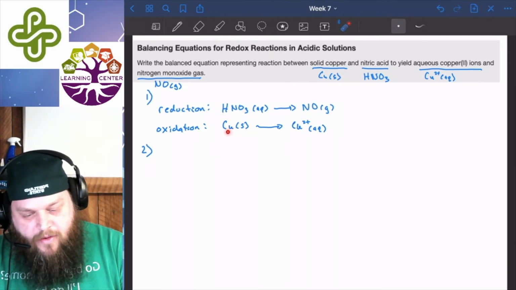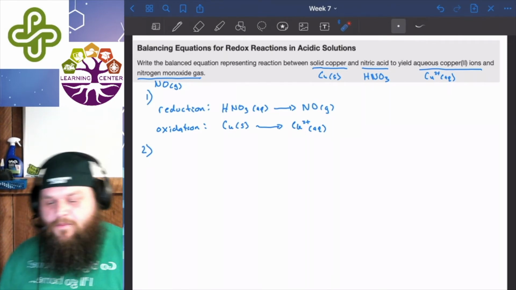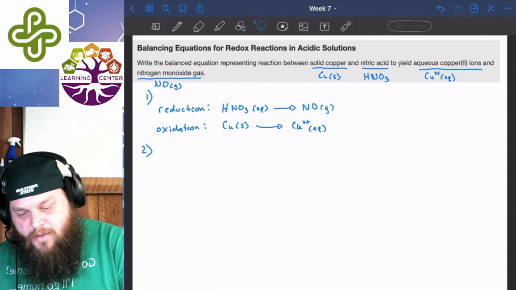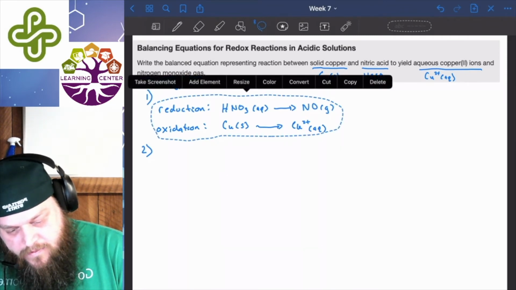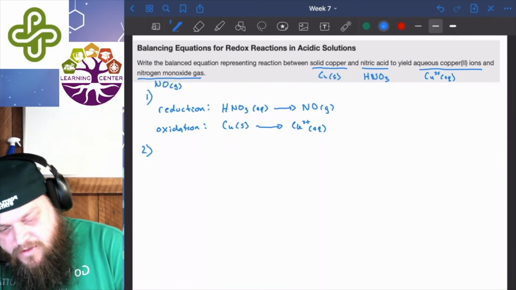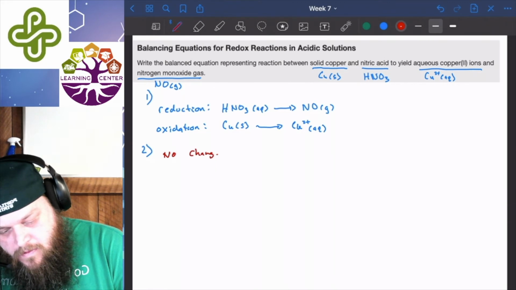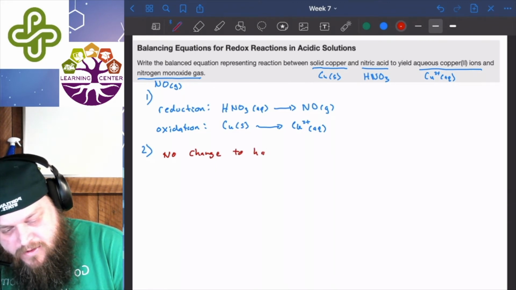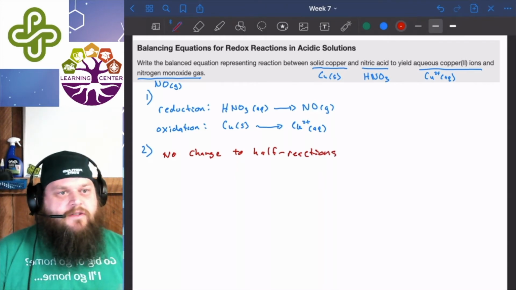Same with the copper, there's one copper there, there's one copper there. So we're pretty much happy with this step. So I'm actually just going to copy all this down. I'll just put no change to half reactions, because everything except for the hydrogens and oxygens are already balanced.